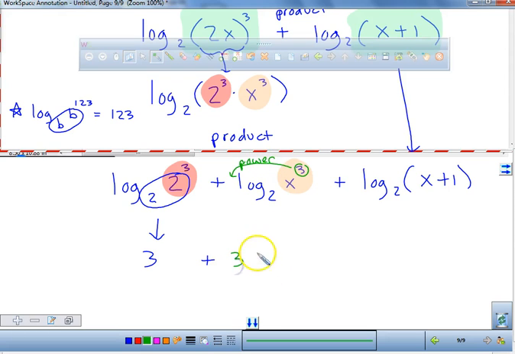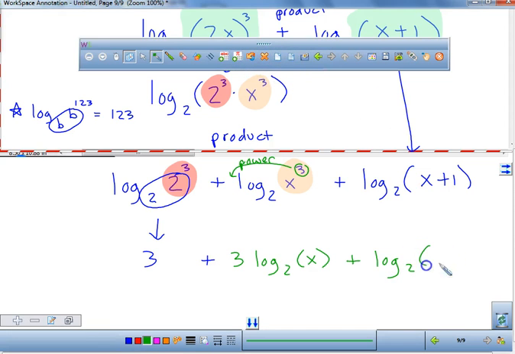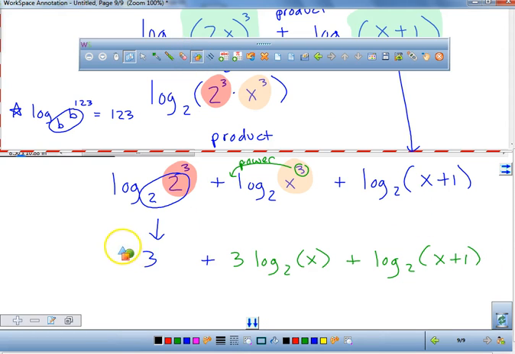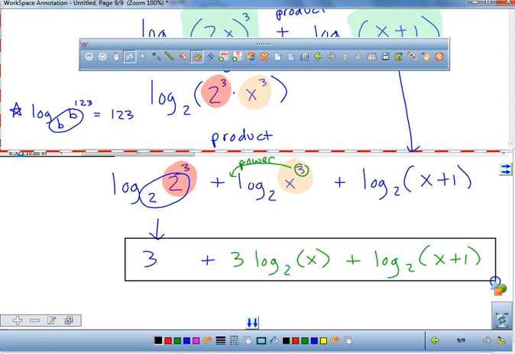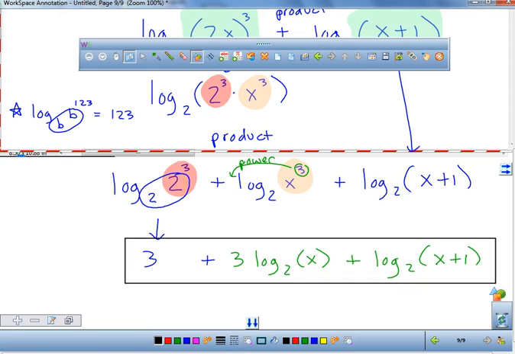We're going to write 3 log base 2 of x, and this is the final answer, 100% expanded. Okay? That's your final answer.